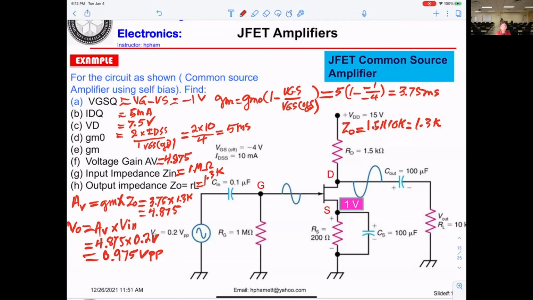Okay, so that is a complete calculation for this common source amplifier circuitry. If you feel anything you don't know, just bring it up. You will see that in the final. I just made a minor change to something.